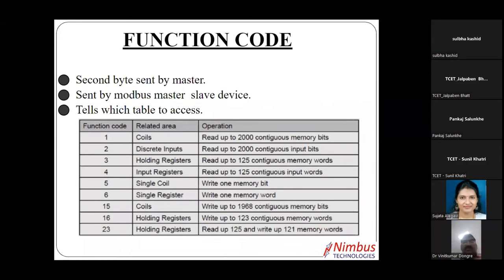Analog data, as per industry standard, is recommended to be in the form of voltage or current. There are some standards mentioned in industry. Current is always in the form of 4 to 20 milliamps or 0 to 20 milliamps.